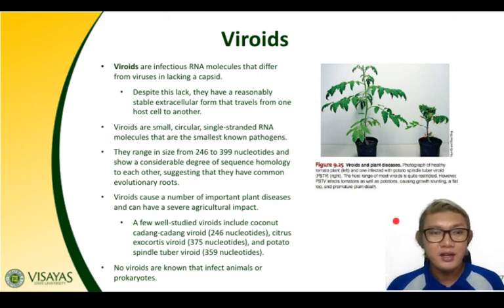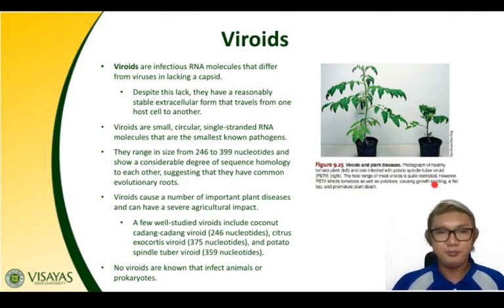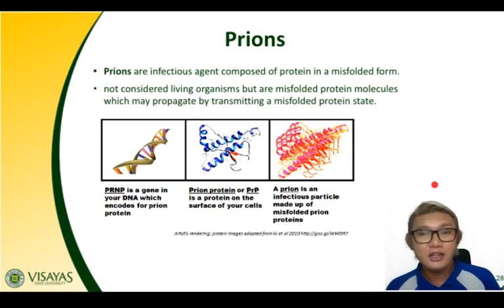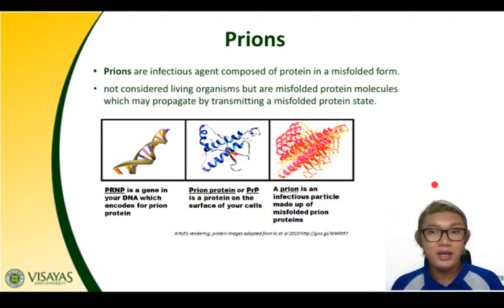Now, as of the present, there are no viroids known that infect animals or prokaryotes. I think that is something to be thankful about. So far, viroids are only found to infect plants.